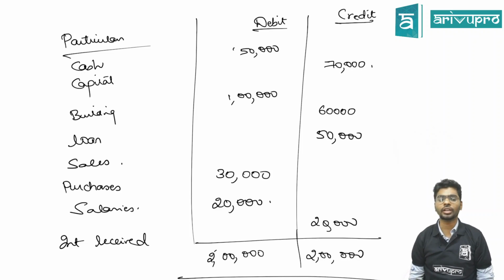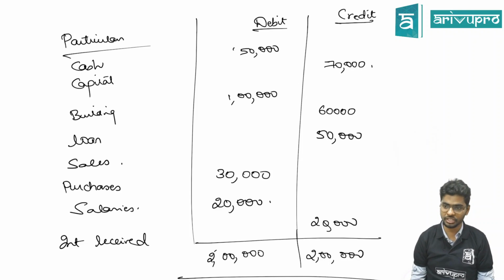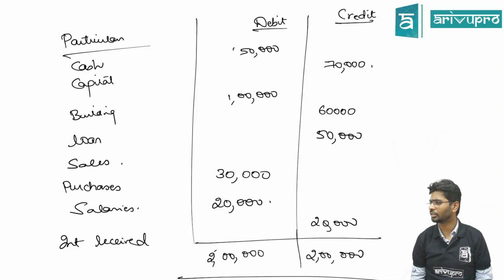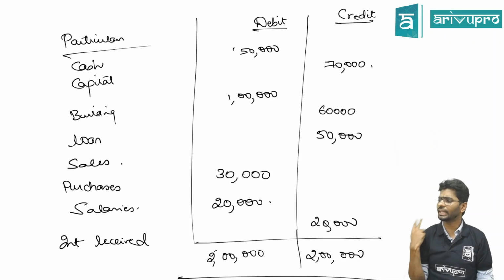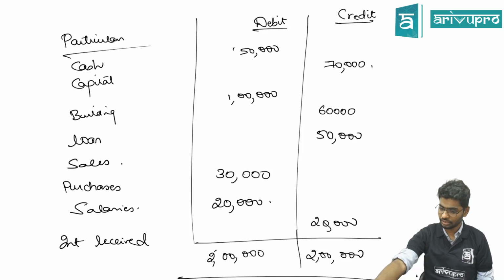Okay, what are we going to do in a trial balance? First thing we need to understand: remember when we did our first chapter, the accounting equation, we spoke about what is a debit. There are only two things which can come on debit. Which are the two things? Assets or expenses.